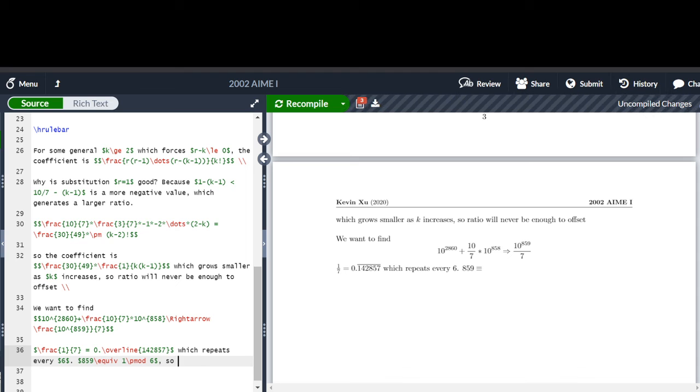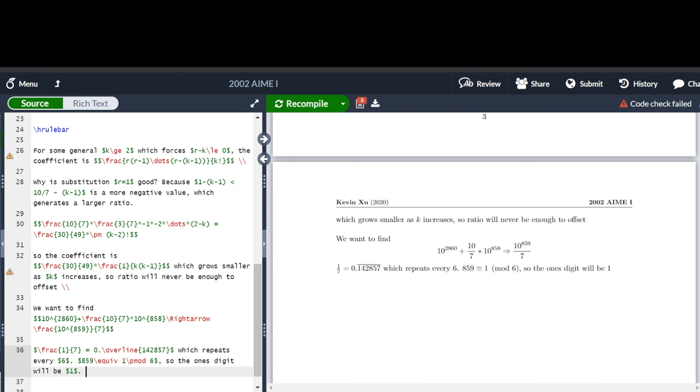And this means that our ones digit will be 1. Because 859 is some number of these repetitions and then adding on the beginning 1 at the end.